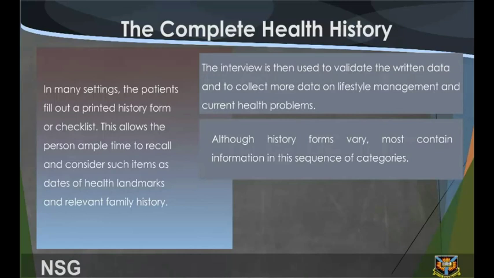The interview is then used to validate the written data and to collect more data on lifestyle management and current health problems. Although history forms vary, most contain information in this sequence of categories.